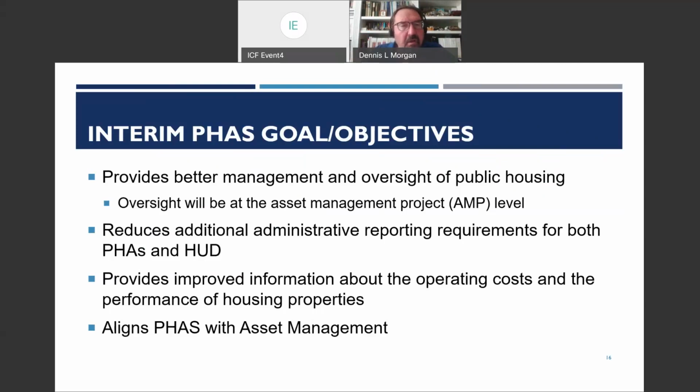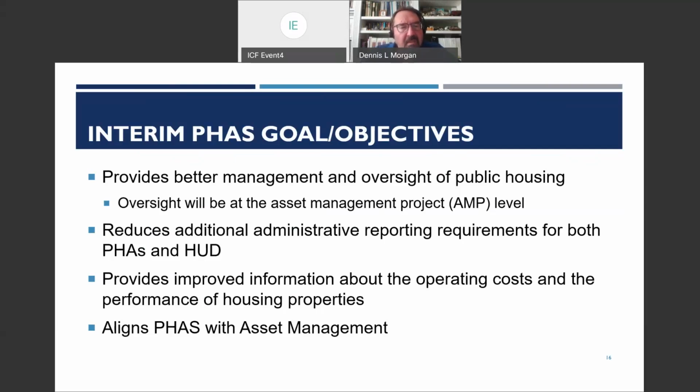We're going to be looking through your 50058s and the overall performance of the agency in terms of the 50058 submissions, which tells us whether a unit is occupied or whether a unit is vacant. We're going to be using your general accounting systems as well, that you report your financials to HUD every year. And we're going to be using those systems that we have in place in order to measure the performance of the housing authority.